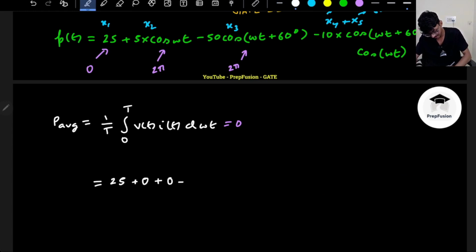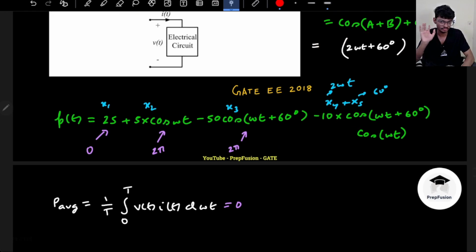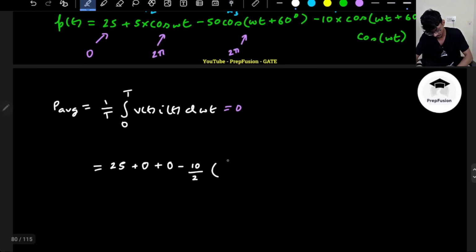Then I have a negative sign here, and of course I have to multiply and divide by 2 because I need the 2AB formula. So this will be 10 by 2 basically, and inside I will have a term with cos of 2 omega t plus 60. That is again a cos term, so its average will again be 0.